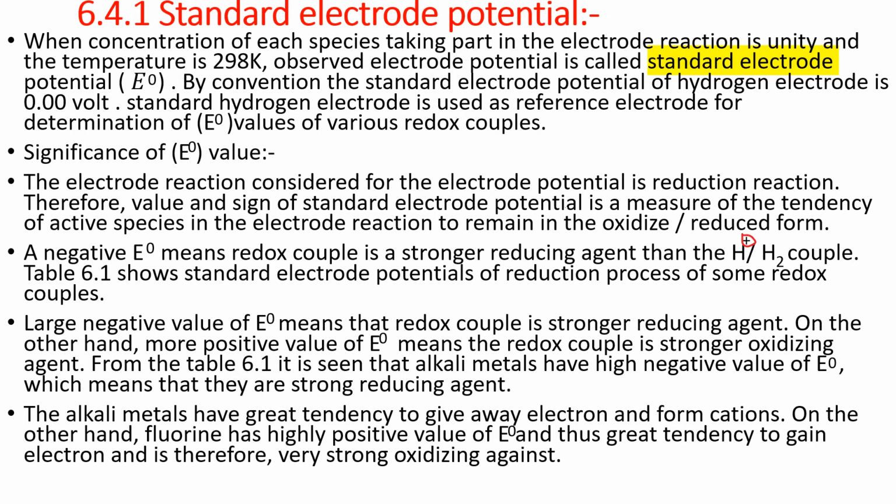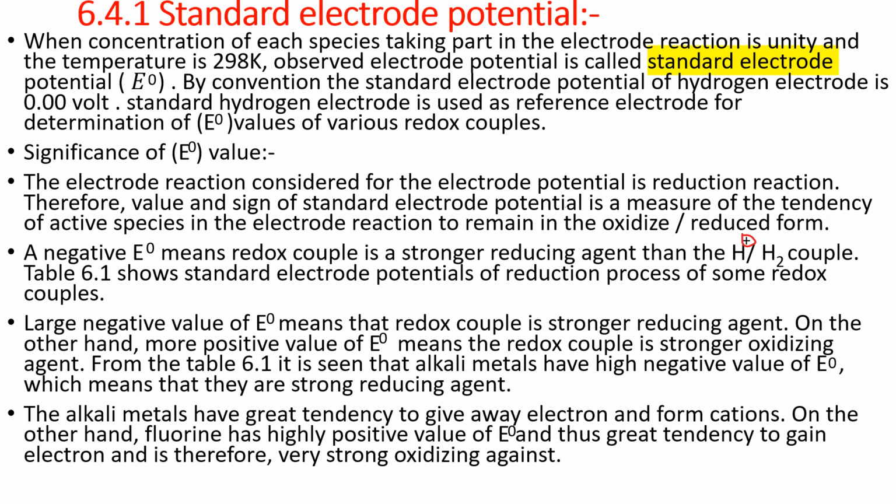By convention, the standard electrode potential of the hydrogen electrode is 0.00 volt. Hence, the standard hydrogen electrode is used as the reference electrode for the determination of E0 values for various redox couples. Next point, the significance of E0 value.